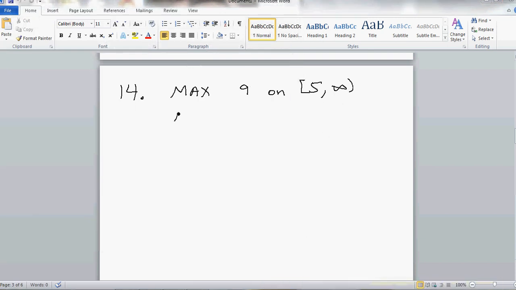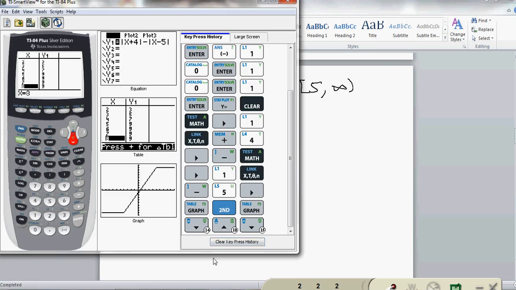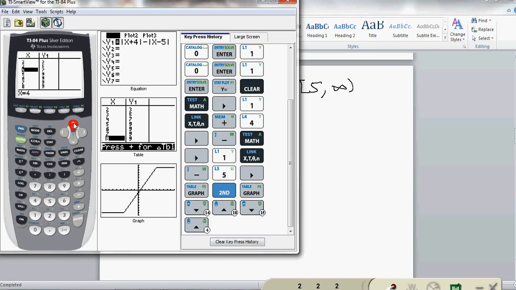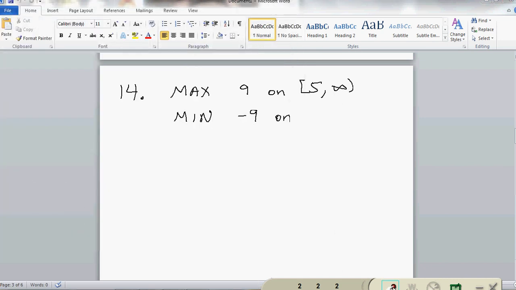And then the minimum will have a value of -9, and that's on an interval as well. And that interval, if we go to the table, where does it start? It starts at -4, or actually it ends at -4, because what it is really doing is going from -infinity all the way up until -4, and -4 is the last time that it equals -9.